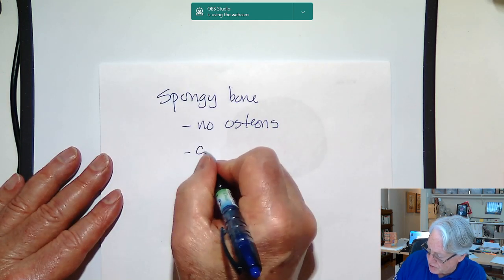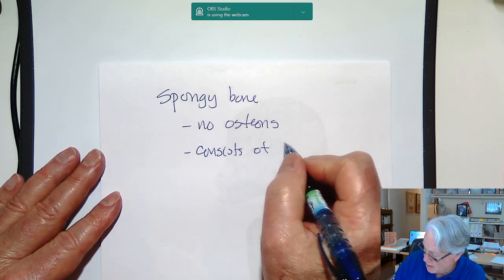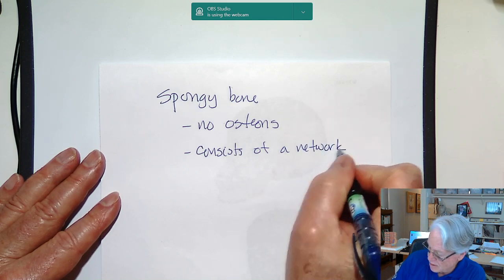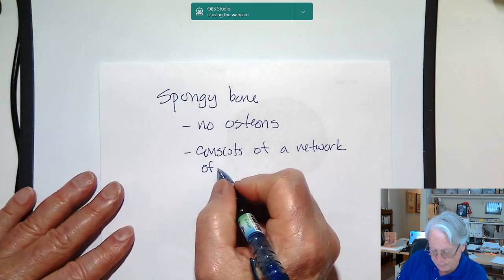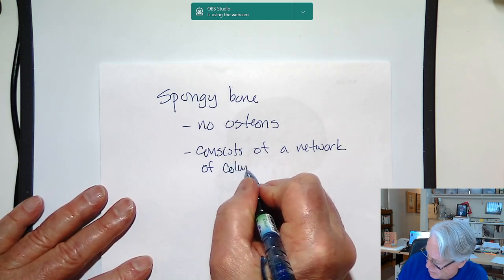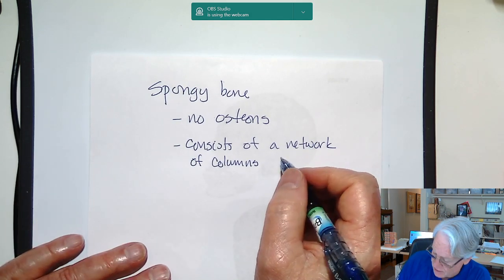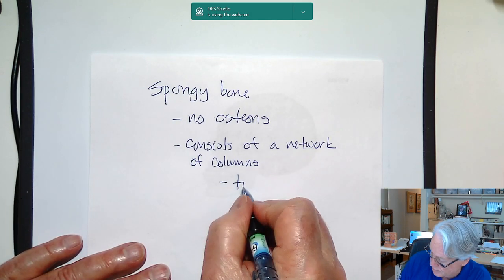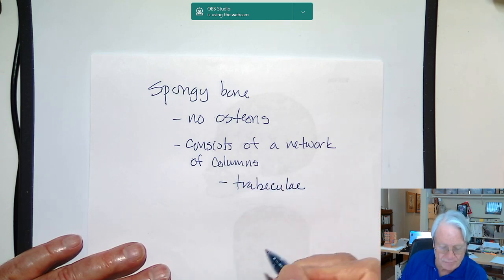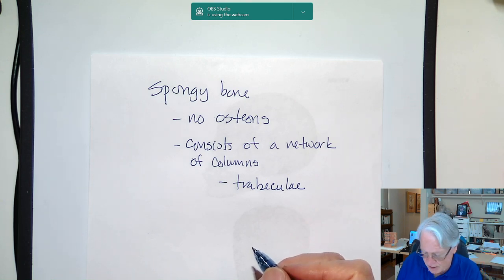And in fact, what it consists of is a network of columns, and these are called trabeculae. I'm going to have a very nice set of pictures showing you what that's going to look like.